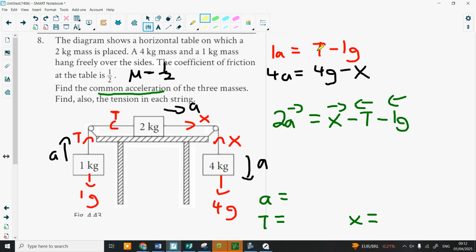Using the red equation, get T on its own. When you get T on its own, sub it in here. In the black equation, get X on its own. And once you get X on its own, sub it in here. And you'll find you'll be able to calculate the A value then. Okay, off you go.